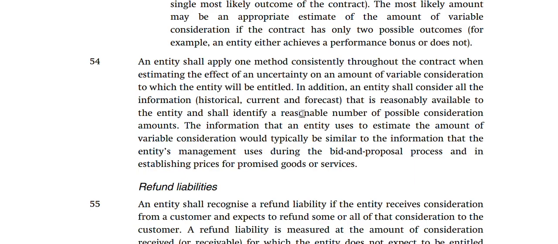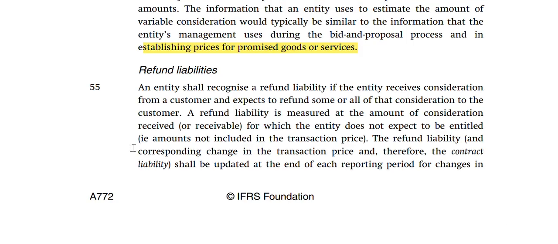The information that an entity uses to estimate the amount of variable consideration will typically be similar to the information that the entity's management uses during the bid and proposal process and in establishing the price for the promised goods or services. Now we're going to look at the refund liability.